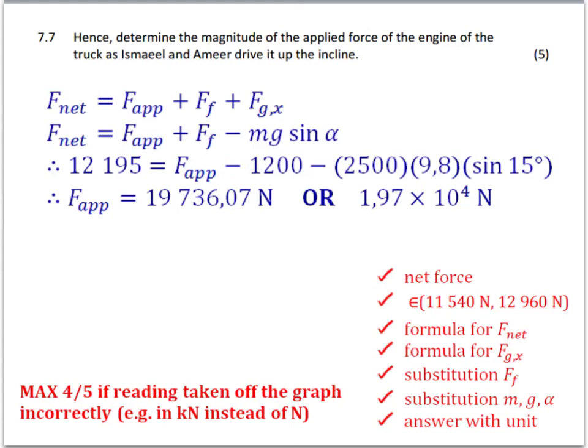So this is actually using a direction convention of up the slope being positive. In that case, your applied force must come out as positive as well, because that's the only force acting up the slope, and overall your net force must be positive as well, because the truck is moving up the slope and it's accelerating. Substituting values in and then rearranging allows you to solve for the applied force, roughly 19,700 newtons.